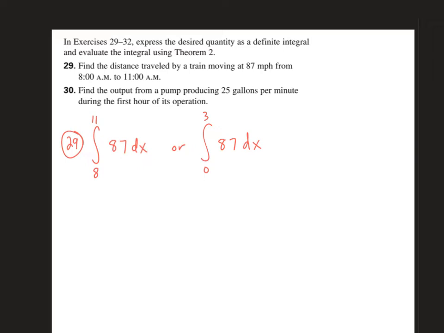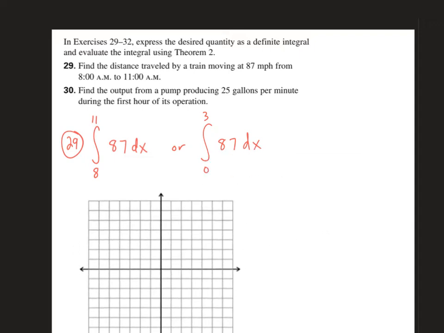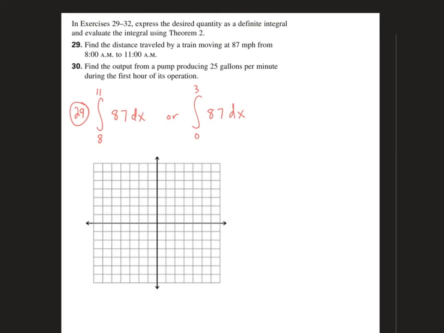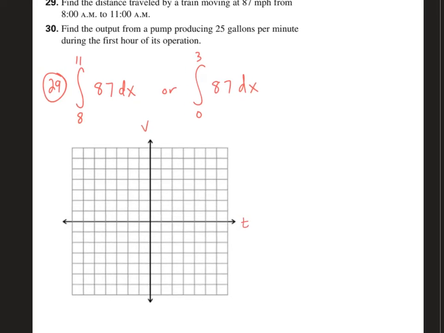And just keep in mind what this is doing graphically. When you want to find the distance traveled by a train, this will be the velocity, and this will be time. Let's say this is 87 right here.